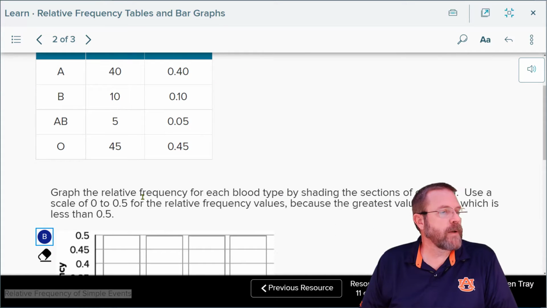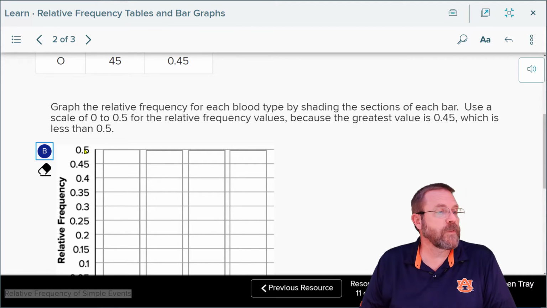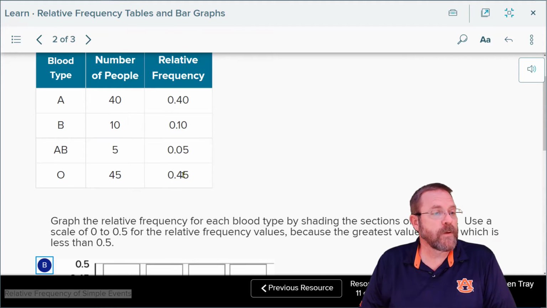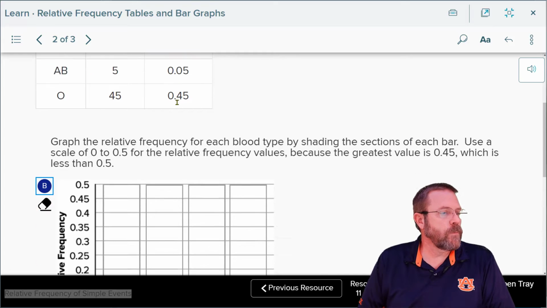And they said graph the relative frequency for each blood type by shading the sectors of the bar using a scale of 0 to 0.5 for the relative frequency values, because the greatest value is 0.45, which is going to be less than 0.5. What they're saying there is they stopped at this number 0.5 because that's going to be their biggest number.